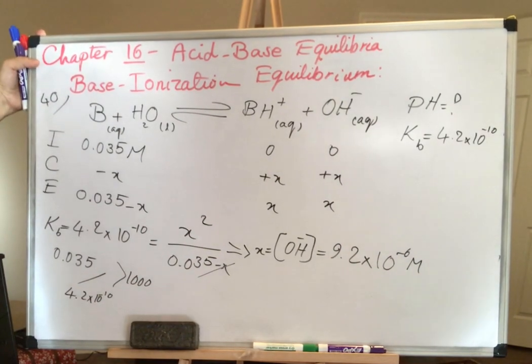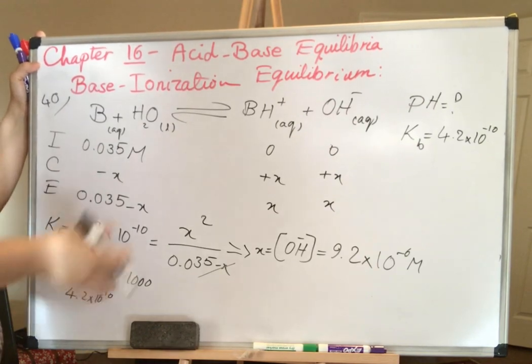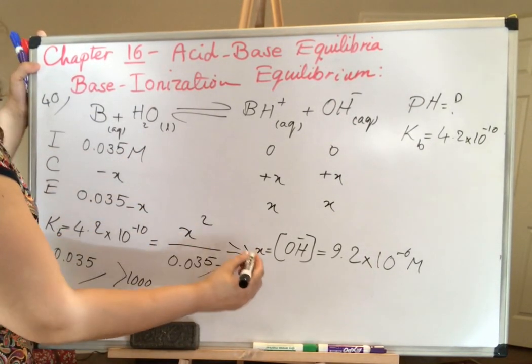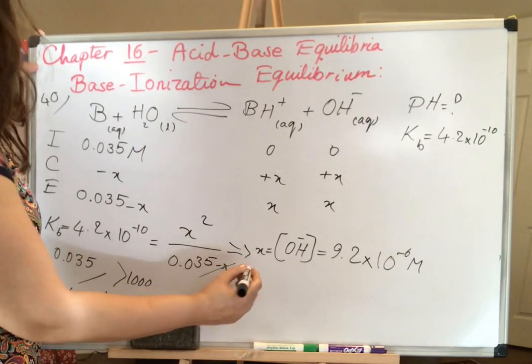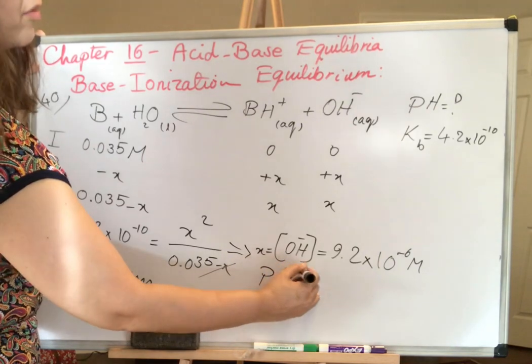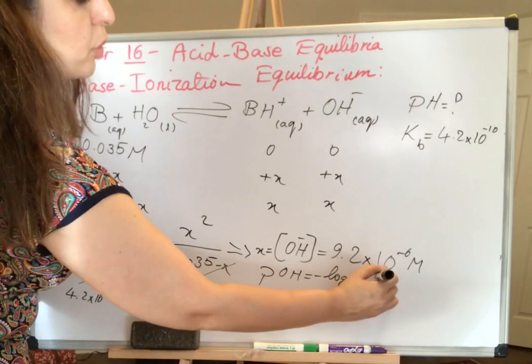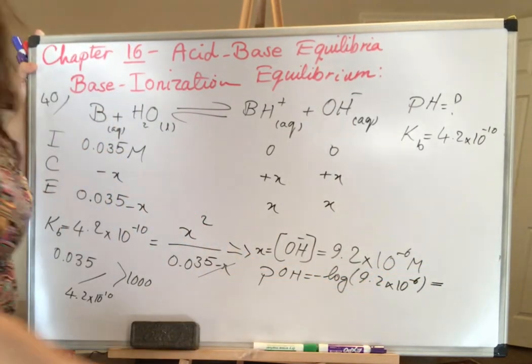Now you have two choices. You can find pOH first or find the concentration of hydronium ion first. Finding pOH, in my opinion, is easier. So pOH is minus log of 9.2 times 10 to negative 6, which is 5.04.